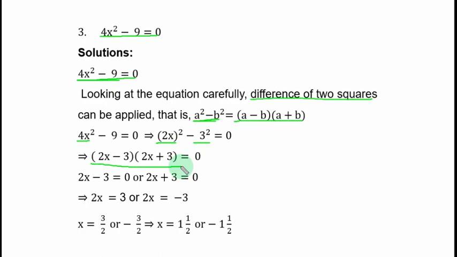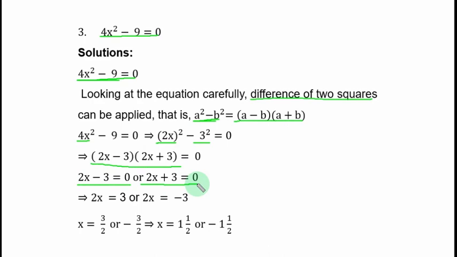We are asked to solve. So when solving, you equate the two brackets to 0. So you have 2x minus 3 equal to 0, or 2x plus 3 equal to 0. You equate each of the brackets to the right hand side 0 respectively.